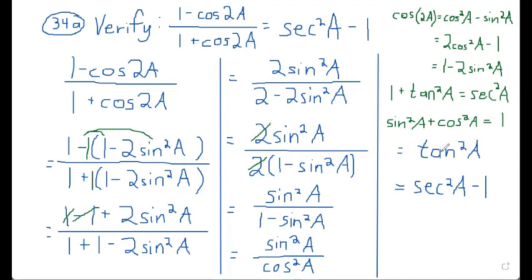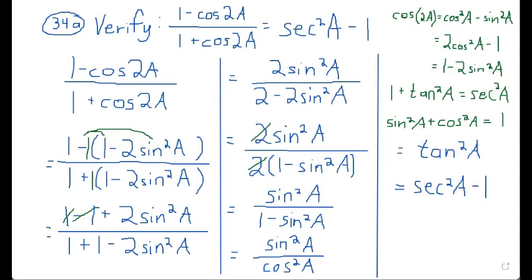All right, and then from here, to convert tangent squared of A to our final result, we're going to have to take advantage of this particular identity: 1 plus tangent squared of A is equal to secant squared of A. And using a little bit of algebra, we can subtract this 1 from both sides.